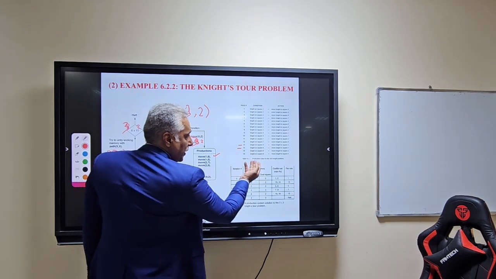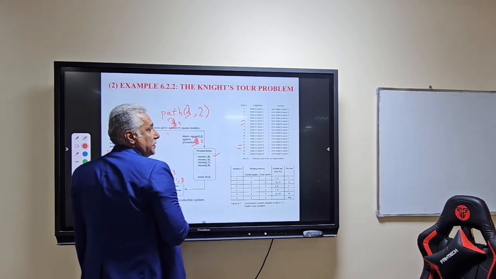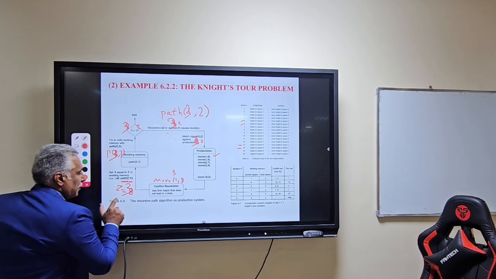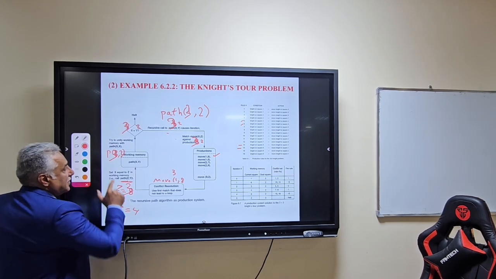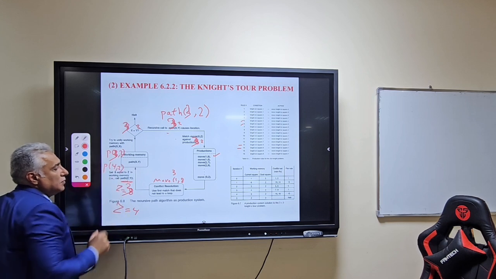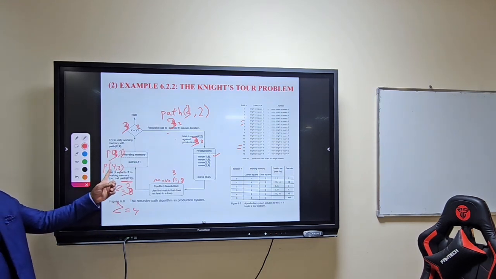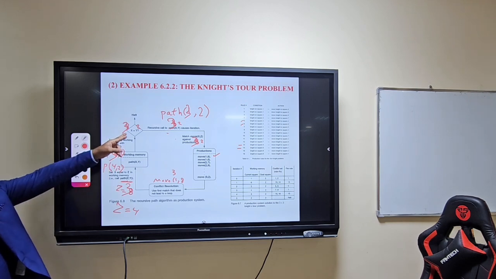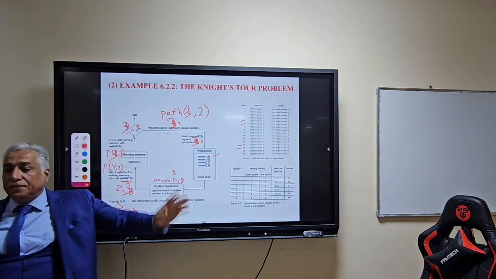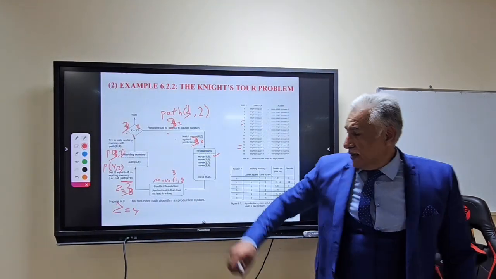Which rules match 3? 5 and 6. I will choose 5. That means Z will be 4, and the path becomes path 4, 2. And so on until Z will be 2. Thus X equal to 2 will be true. This is the implementation of these production rules by using flowcharts.